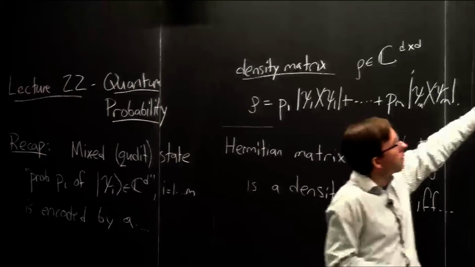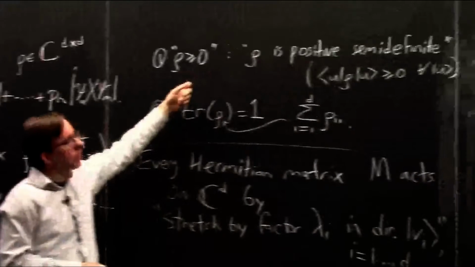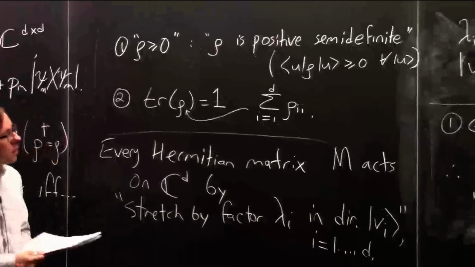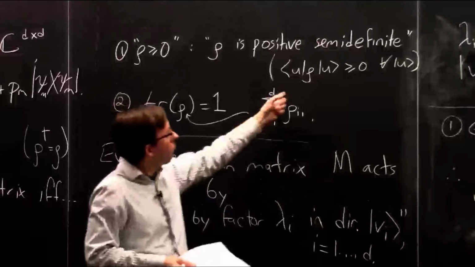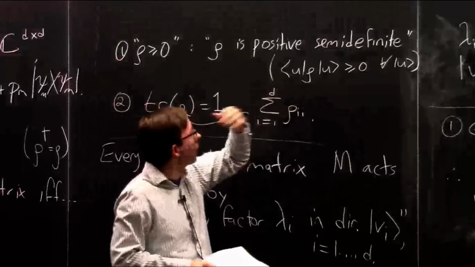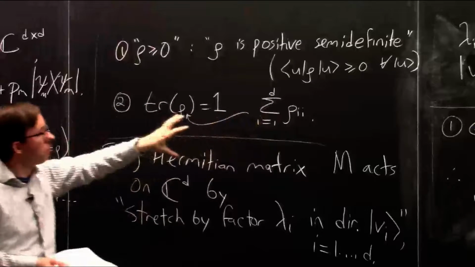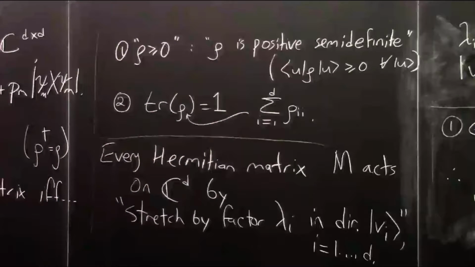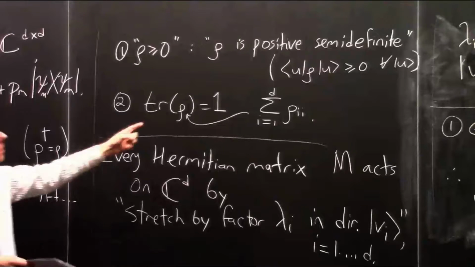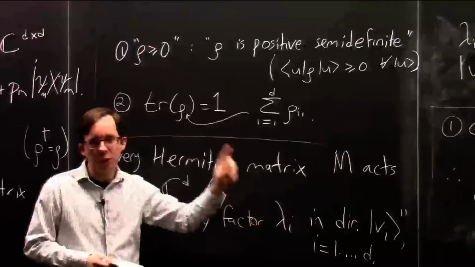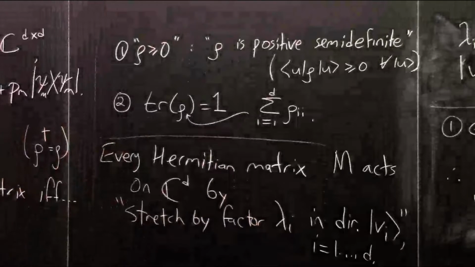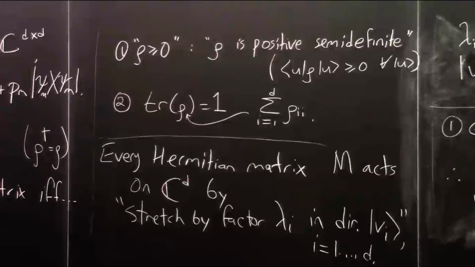First of all, it's, quote unquote, positive as a matrix, or positive semi-definite, which means that if you look at u-dagger rho u, this is the row vector u-dagger times the matrix rho times the column vector u, this is always non-negative. And its trace, which is the sum of the diagonal entries, should be 1. Okay, so any matrix like that is a density matrix that has some corresponding mixed state and vice versa.